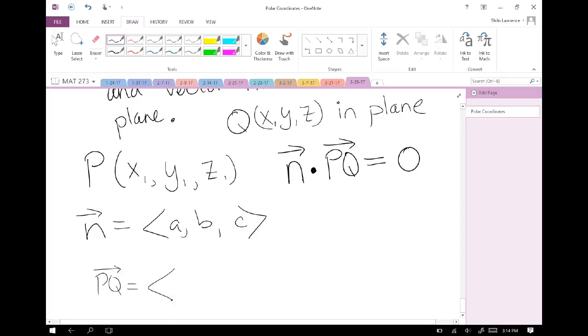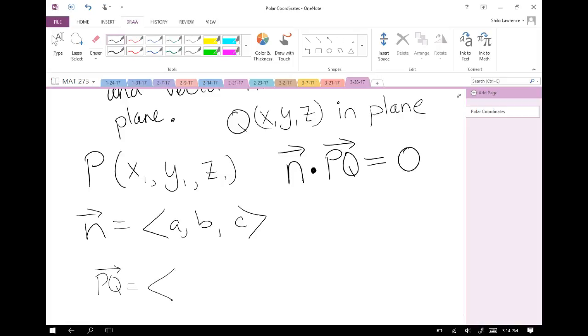Now Q is just a variable vector. It represents any possible point that could be in the plane. So Q has the variables x, y, z in it. P has point values though. It's got coordinate values, x1, y1, z1.